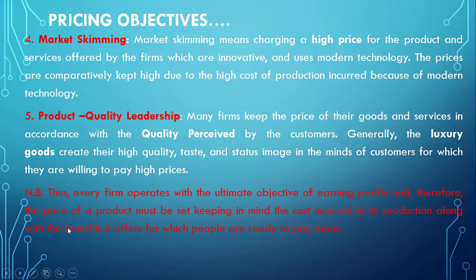And then you need to think about the benefits that your product will offer to the customers, so that you can make the customers pay extra for that specific product, meaning you could convince the customers that the price you set is a fair price compared to the competitors, in regard to the product and the service that you are providing. So you need to think about these two basic issues: cost and the benefits that you will provide for the customers, because you are thinking about profits.